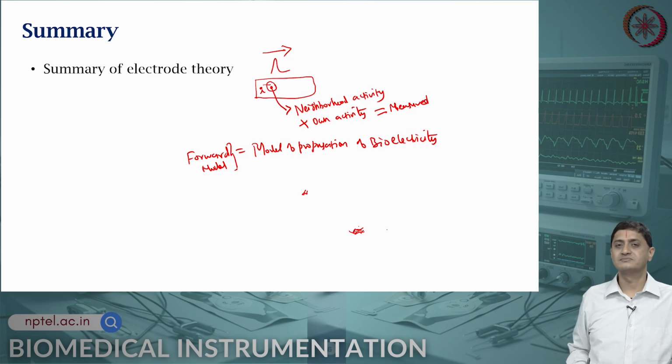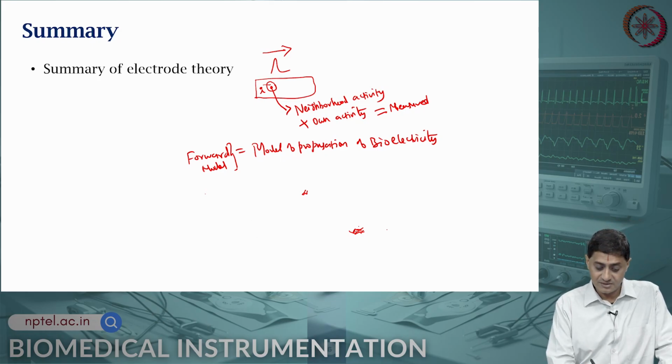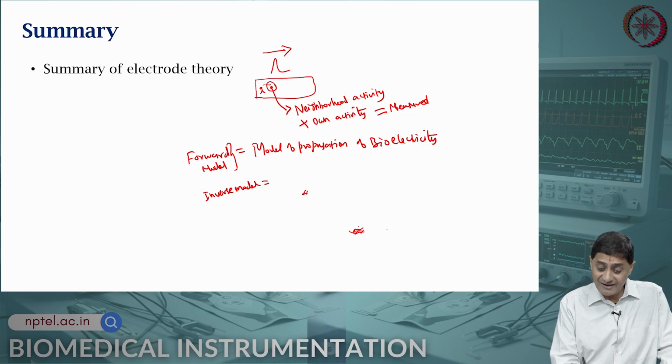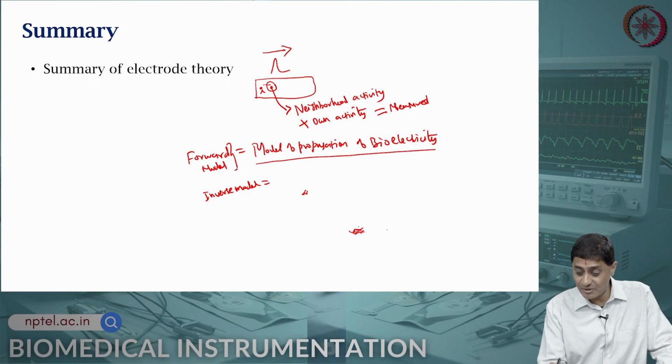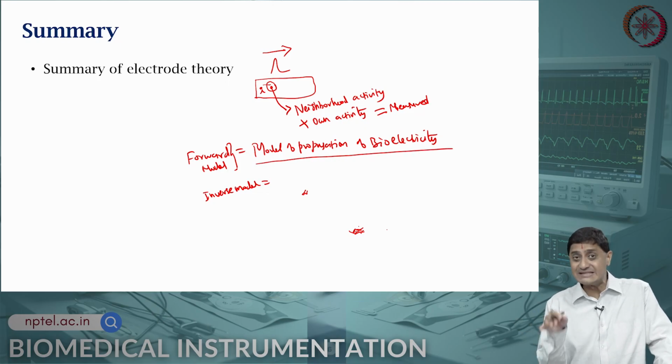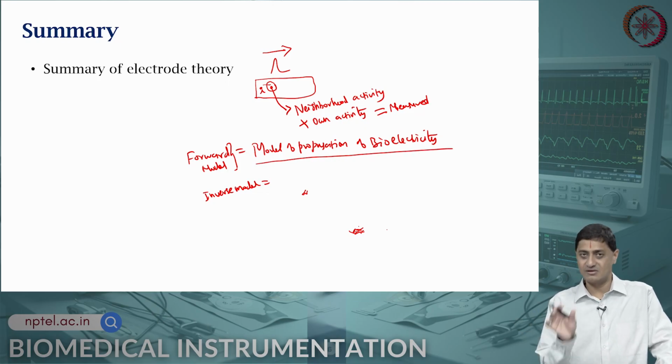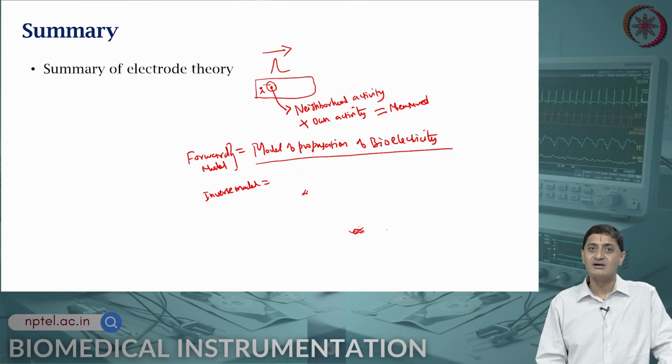That is the forward model. The inverse model is, given that I have recorded this and I know that this is the model of propagation of bioelectricity in this particular tissue sample of interest, what would be the own activity?